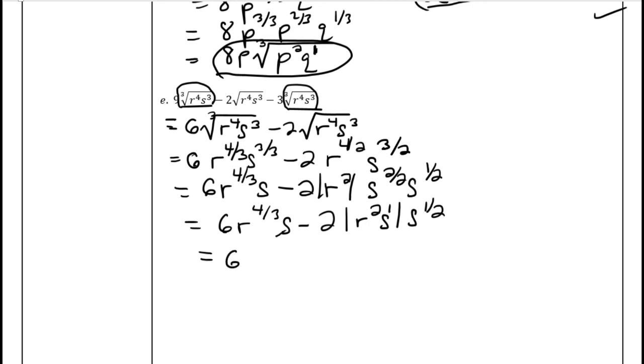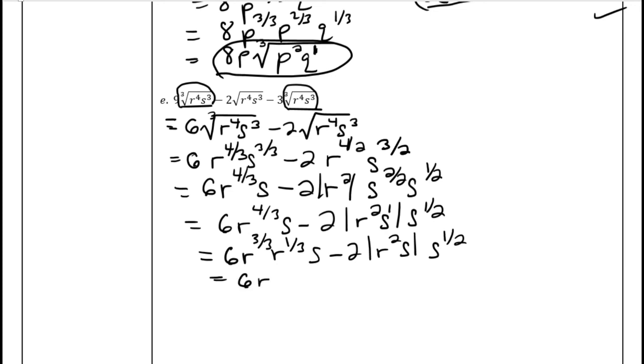So we got, I like to put the s here, and then oops, I forgot to do one more thing. So we got 4/3 is the same thing as 3/3 and 1/3. And then that becomes 1. All right, so we got 6rs.